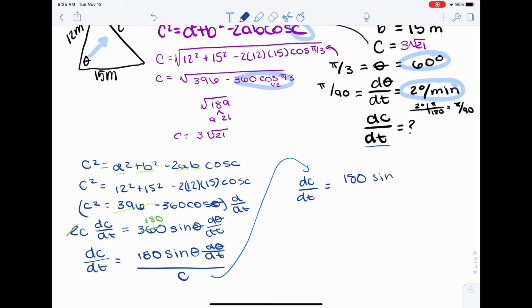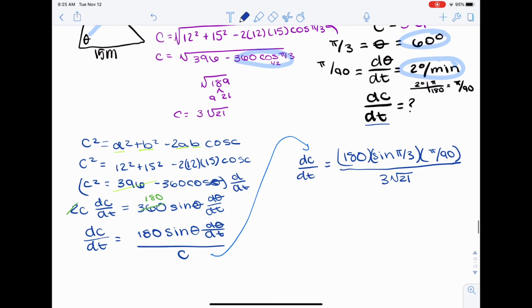So sine of pi over 3 times d theta over dt, which we saw was 2 degrees per minute, which we changed to pi over 90 radians per minute, divided by c. So c is 3 square root of 21, which we solved for earlier.